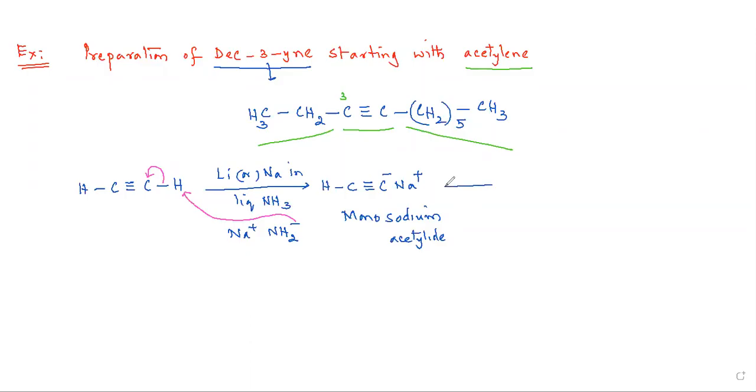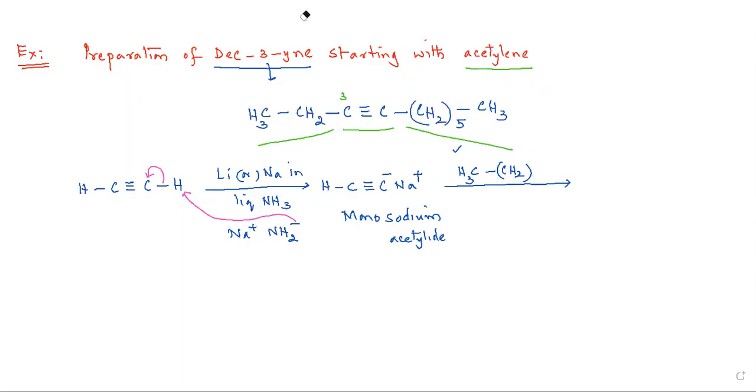Now to this monosodium acetylide, let us add this part first, or else the other part. Let us add it in this format: CH3, CH2 taken 5 times, and it has to be Cl.